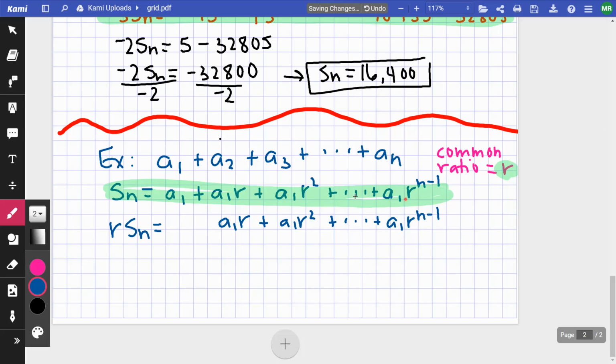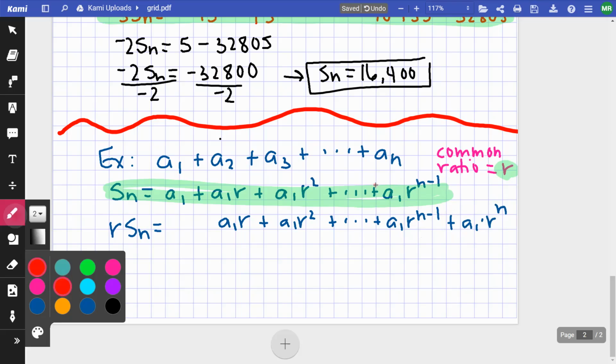That would have been from the term right before this. And now if I'm taking this last one and I'm timesing it by an r, I'm going to have a sub 1 times r to the n, not the n minus 1.